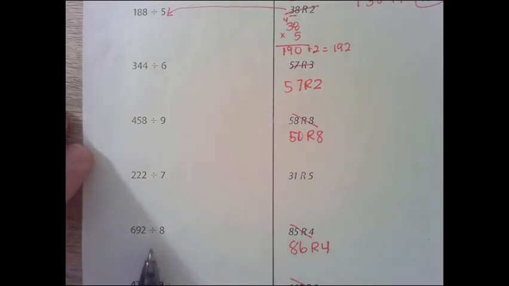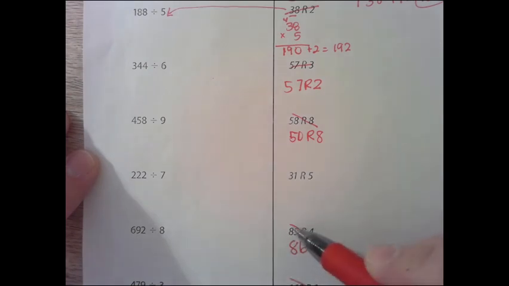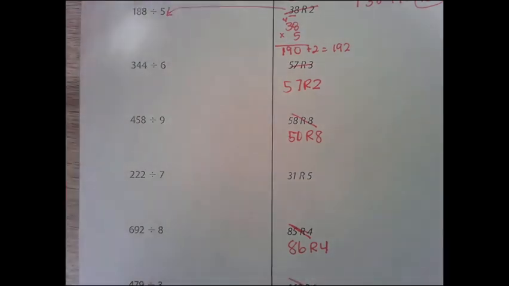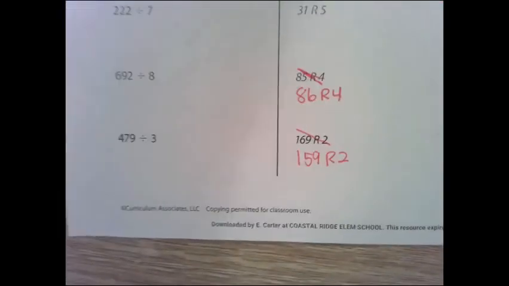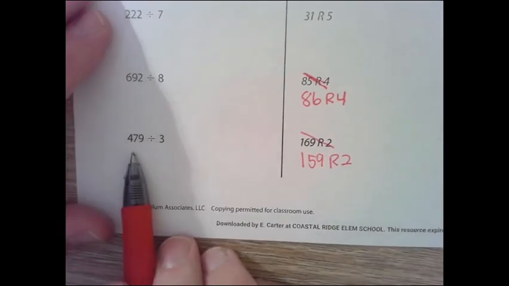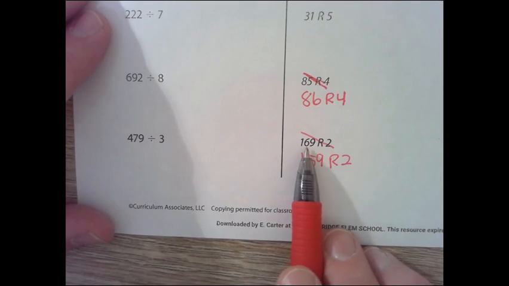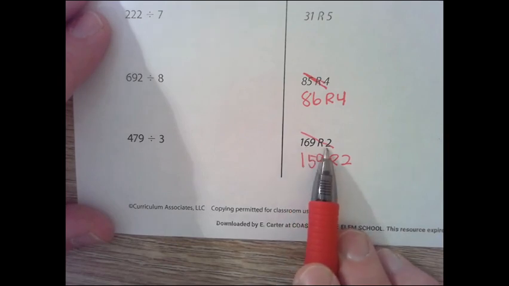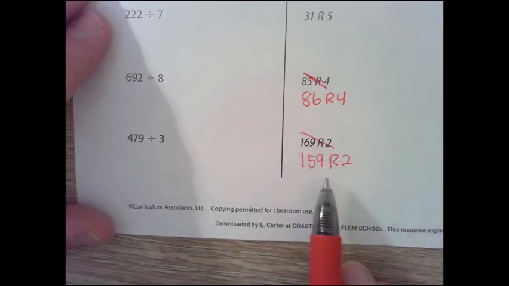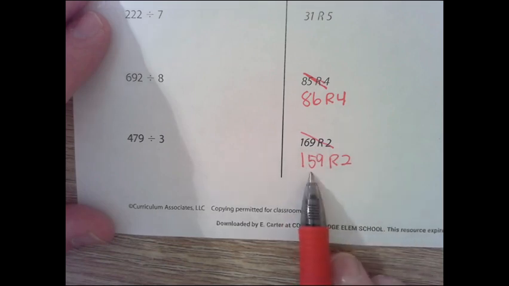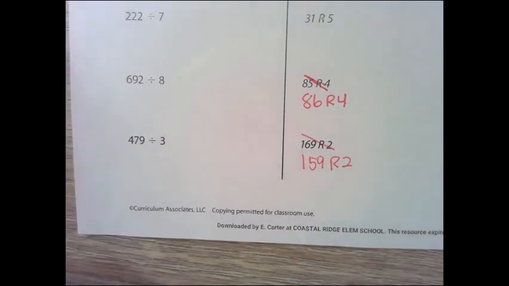For 692 divided by 8, 85 remainder 4 was not correct, so that's why I crossed it out. The correct answer was 86 with a remainder of 4. And the very last one, 479 divided by 3: they got an answer of 169 remainder 2. Not correct, so I crossed it out. It should have been 159 remainder 2.